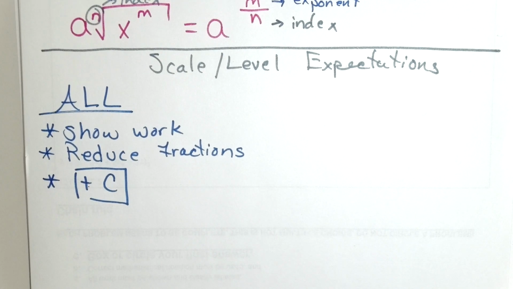I think I was telling Maite, she got everything right except she forgot the plus c. So you need to make sure that you are adding the plus c. If you don't add the plus c, you will not get full credit.